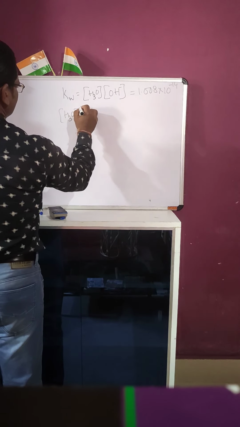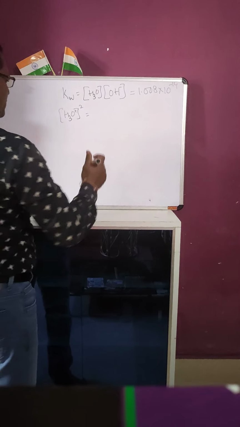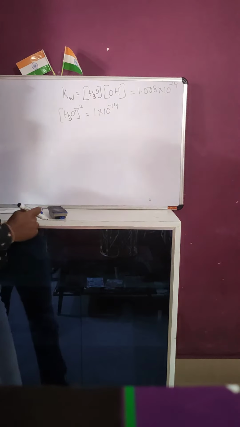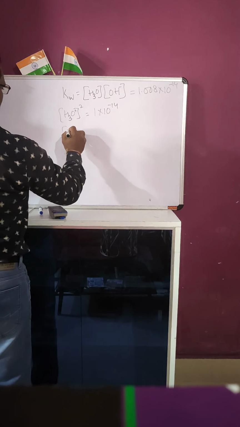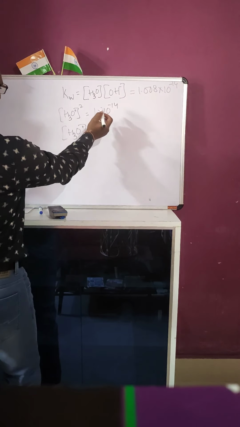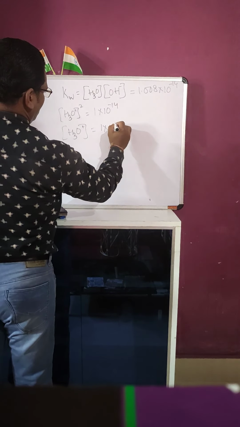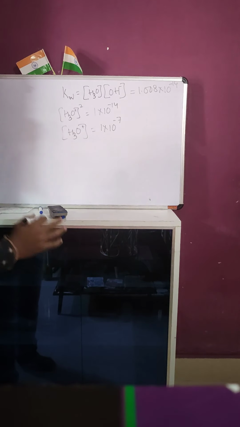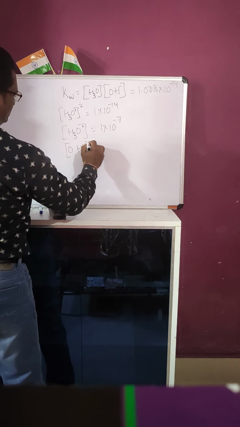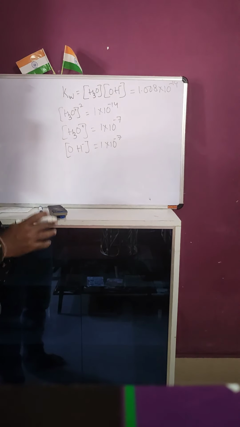Since these two are equal in water, I can say H3O plus squared equals 1 into 10 to the power minus 14. So the molar concentration of hydronium ions equals 1 into 10 to the power minus 7. Same with OH minus ion concentration, this is also 1 into 10 to the power minus 7 because these two are equal.